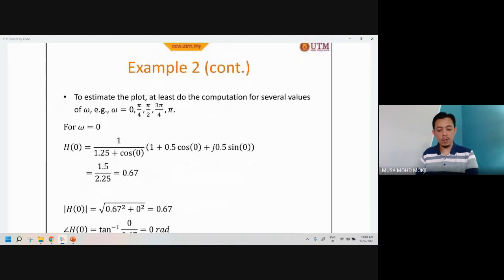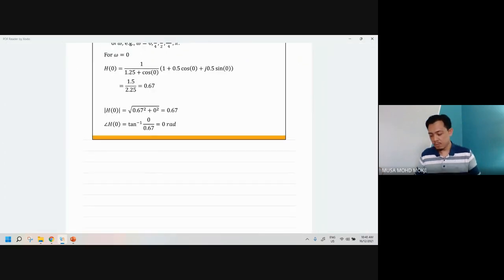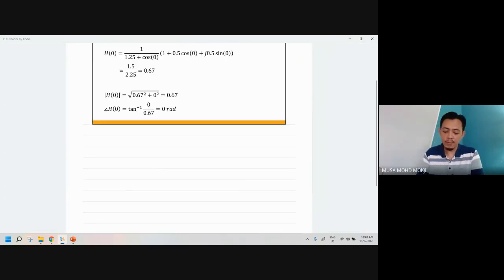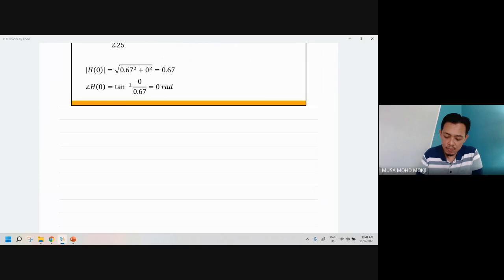To estimate the plot, because we want to plot. We have three types of plots. One is the whole plot, the other one is a shifted plot, and the last one is a half plot. Let's do the whole plot.